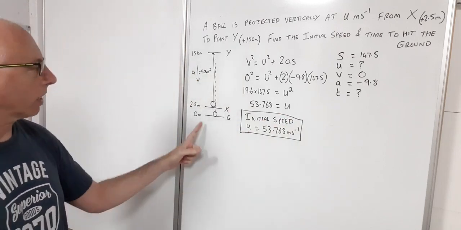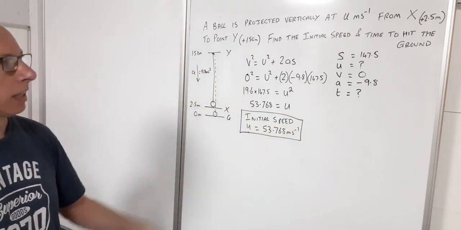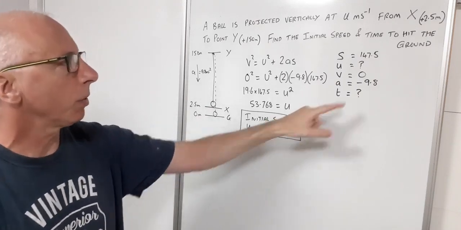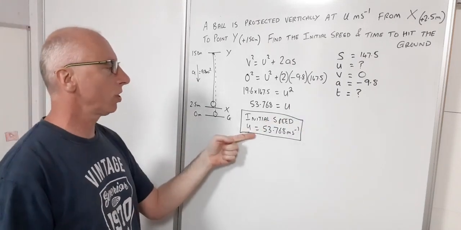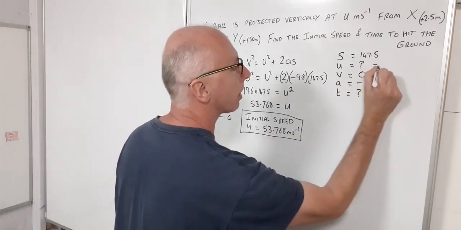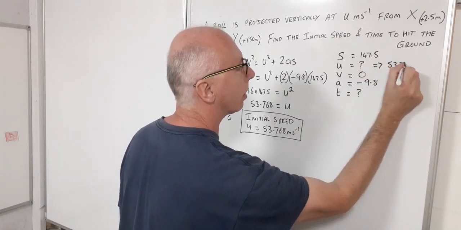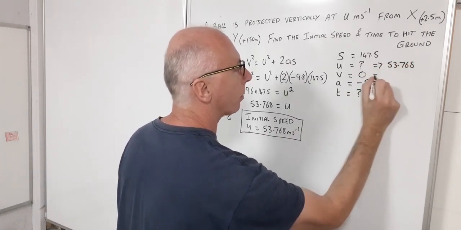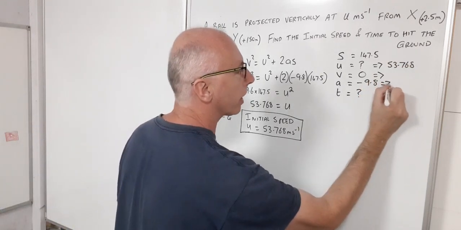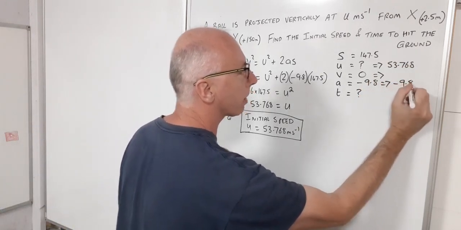Now we need to know how long it takes to hit the ground. So now we need to use this one here. We've got our initial speed, which is now 53.768. We've got our acceleration, which is minus 9.8, so that's still minus 9.8.